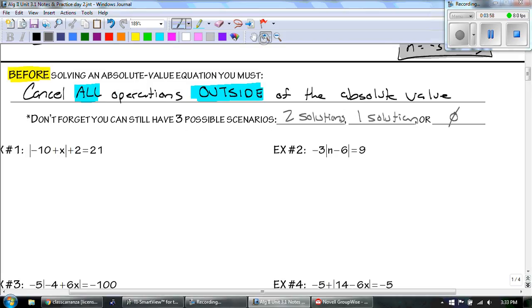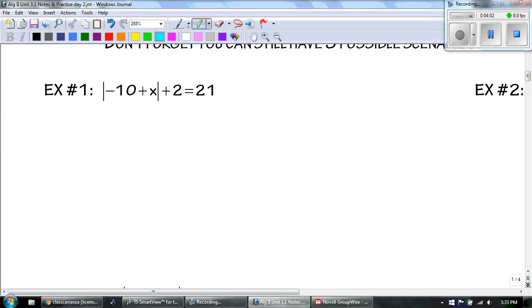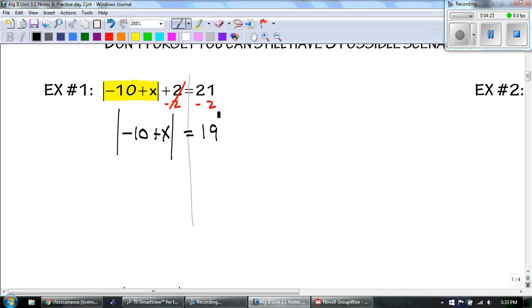So let's just take a look and see what it looks like. So that's the absolute value. Do you see how that 2 is on the outside? Yeah, I have to cancel that first. So I'm going to subtract 2 to both sides. I still have the absolute value of negative 10 plus x equals 19.